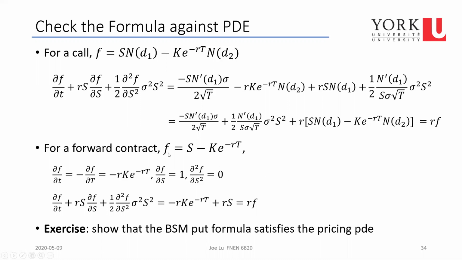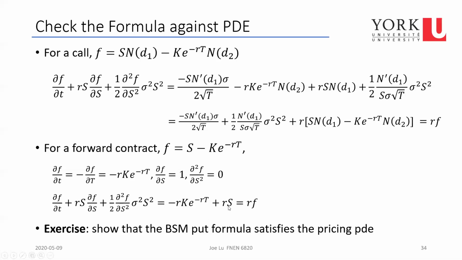Now, for forward contract, we have this form, and this is relatively easy. So if you take the theta there, you will get minus r times K times e to the power of minus rT. Here, dF/dS is just 1, and there's no second partial. So if you plug in the expression to the left-hand side of the fundamental partial differential equation, you get this thing plus rS, that's all.